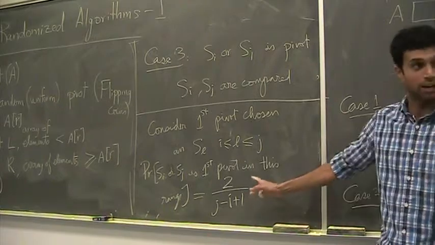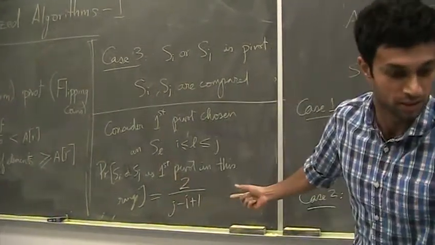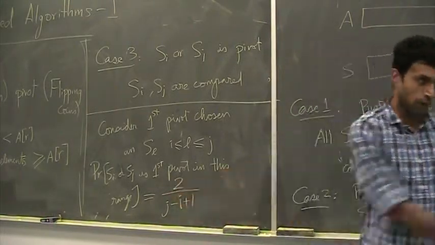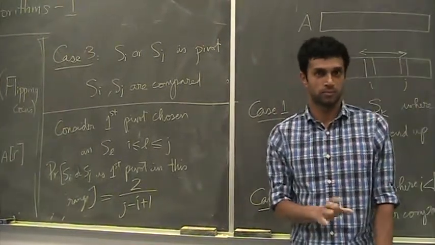So we've actually nailed down the probability that Si and Sj are compared, which means we can plug this formula in, write out the sum, and then we end up analyzing quicksort.